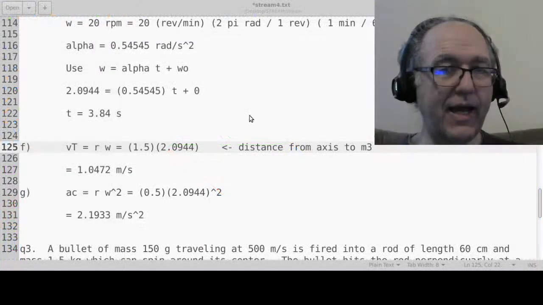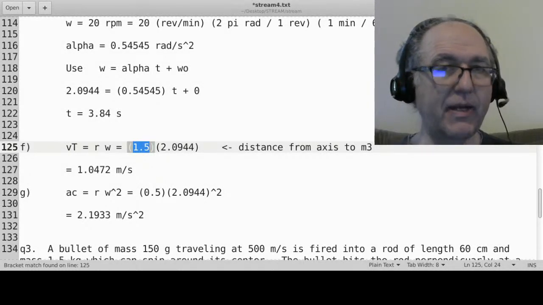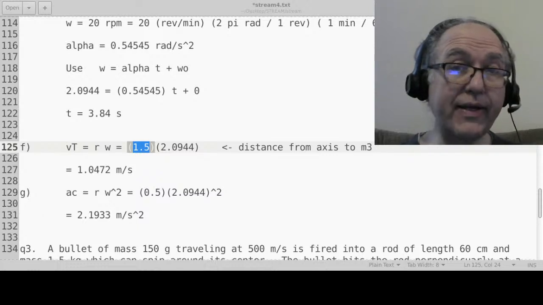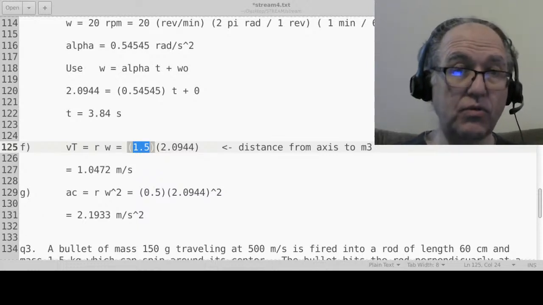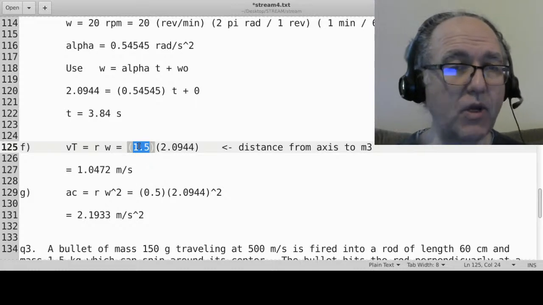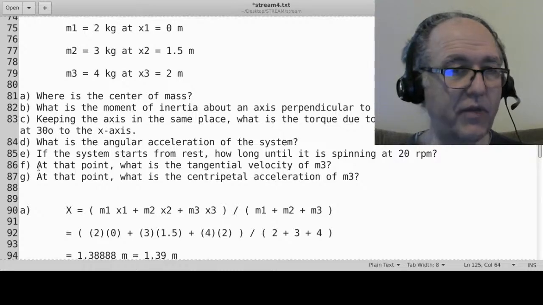And a minute ago I had 0.5, that's actually 1.5. So r is the distance from the axis to M1. Oh, I'm sorry, no, I was right. I apologize. Let me go back again. It's a little bit more subtle. I'm not reading my own question carefully.